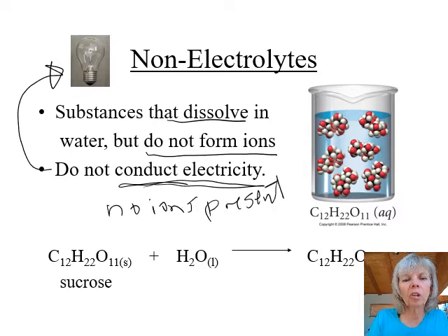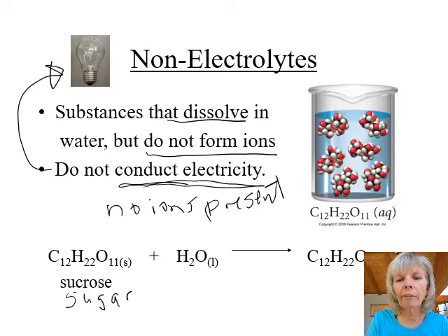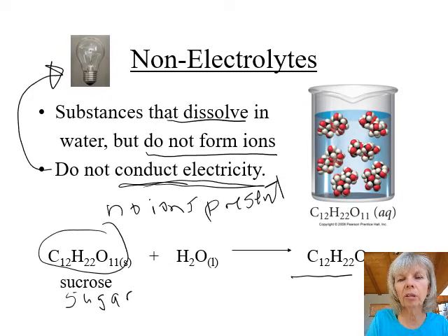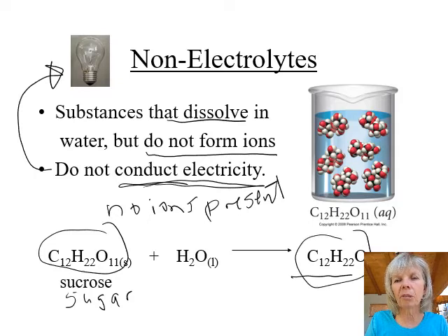So an example we could look at is sucrose, which is sugar. We know when we put sugar in water, it's going to dissolve. So we can have an aqueous solution of sugar. However, we do not form any ions. It stays together completely as a molecule. So what we started with here, we end up with the same thing. So in our beaker, it shows us there's no ions present. These are all big molecules of sucrose.